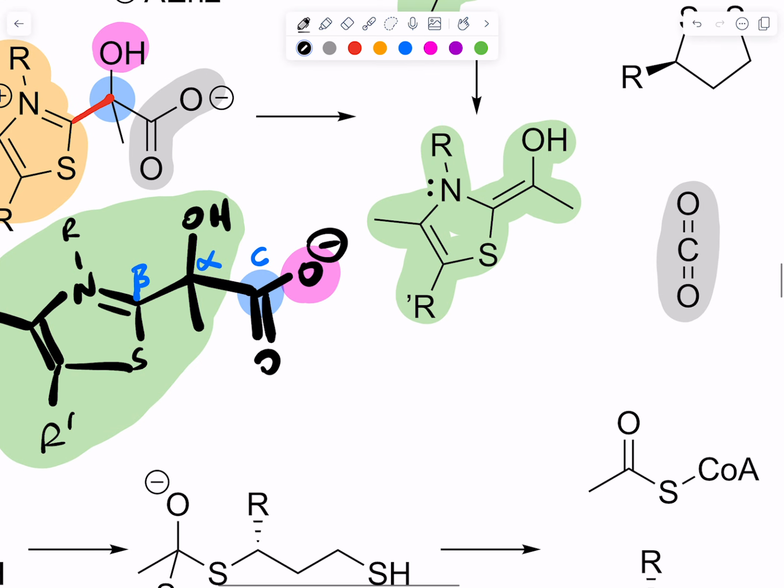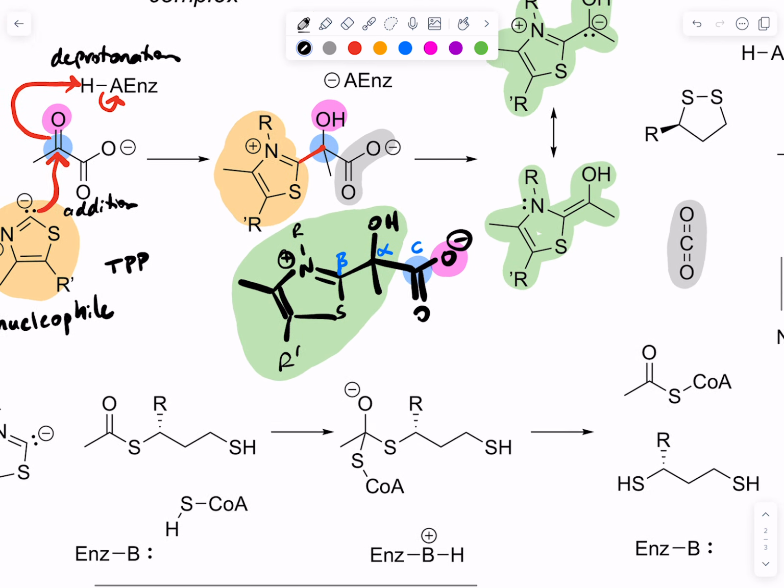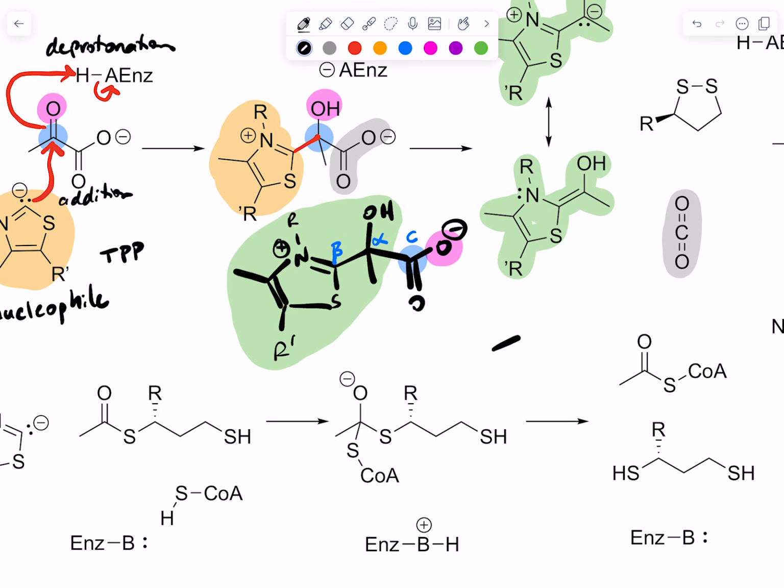Oh, and you're right, I'm missing a positive formal charge on the nitrogen. Compared to what I told you before about beta keto acids, what similarities do you see between a beta keto acid that I just drew and this intermediate? What do they have in common?